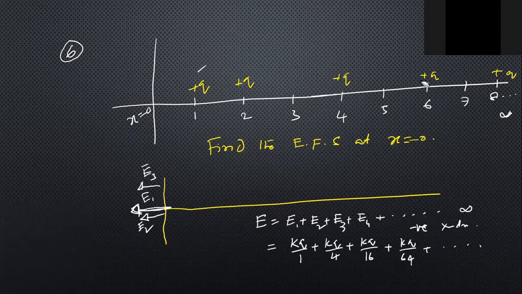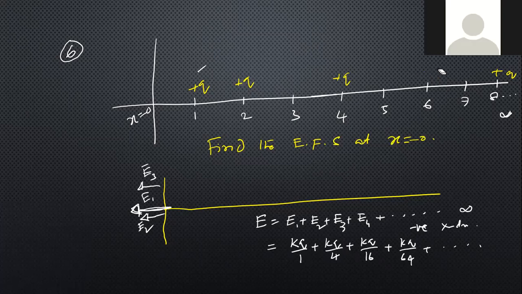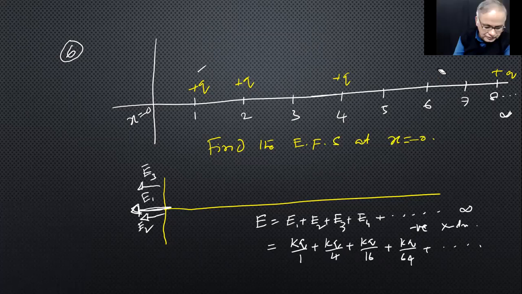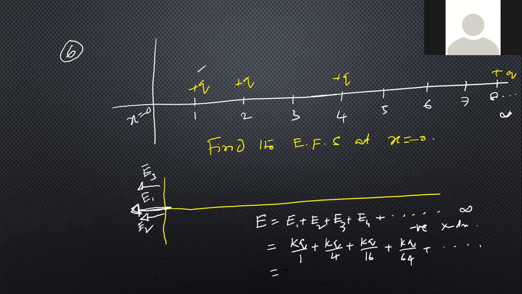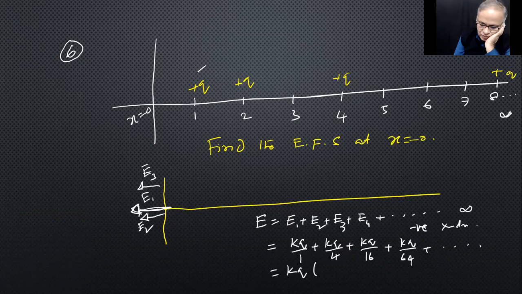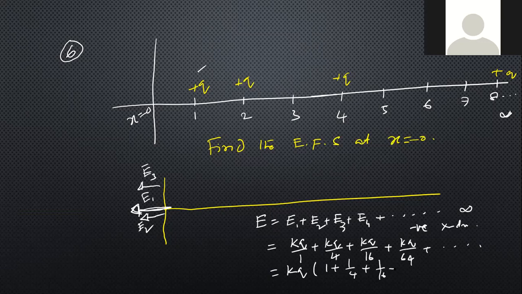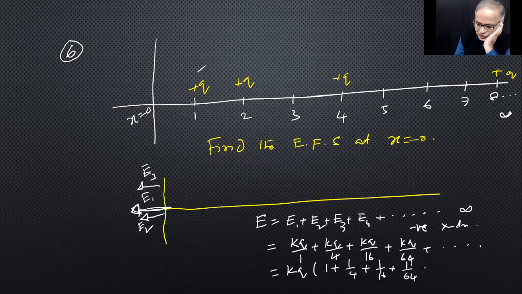Sir, we'll get a GP. GP I wanted, right? So what do I get now? KQ into 1 plus 1 by 4 plus 1 by 16 plus 1 by 64 plus and so on.